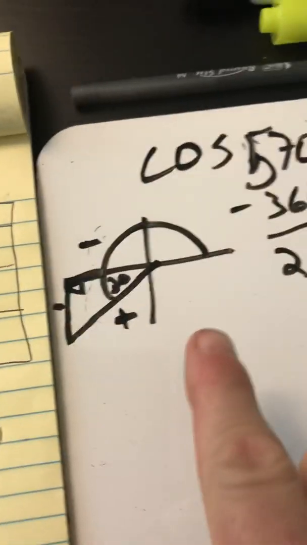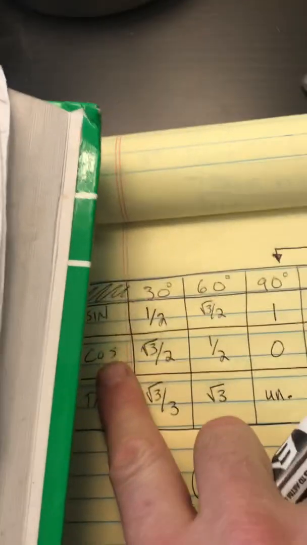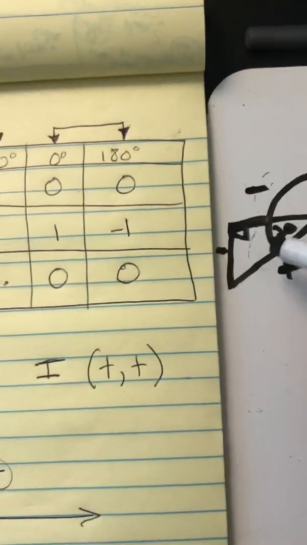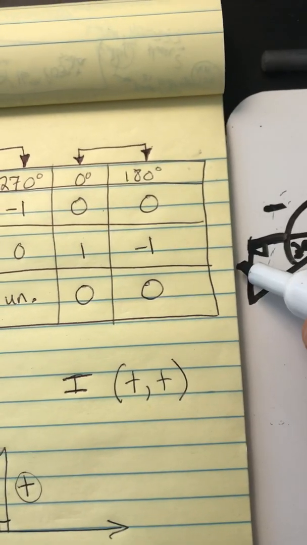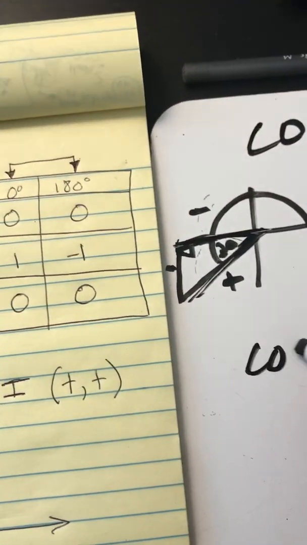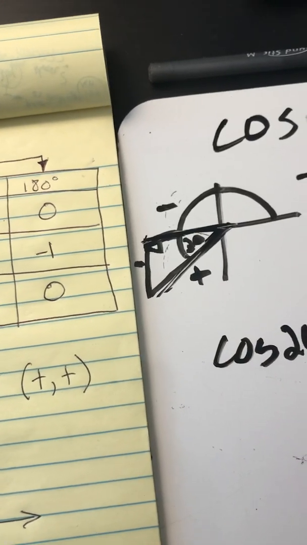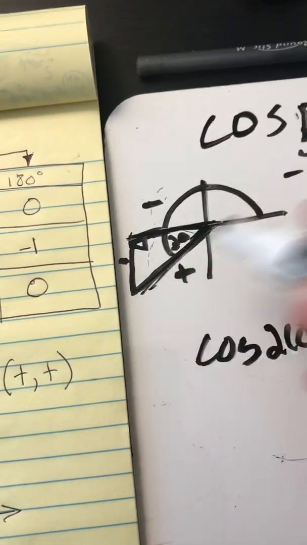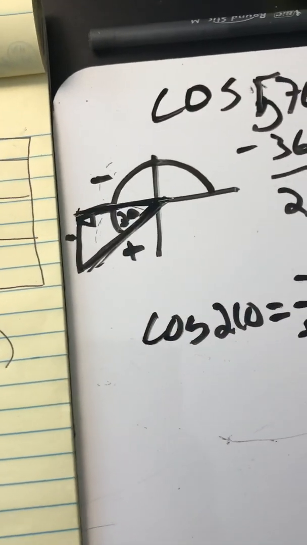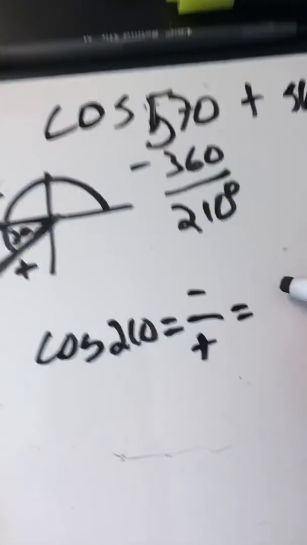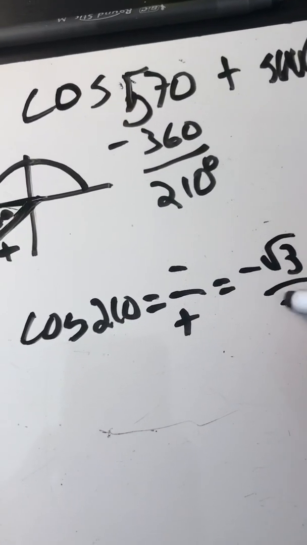So the cosine of 30 is radical 3 over 2. But cosine is adjacent over hypotenuse. So the cosine of 210 must be a negative number divided by a positive number. So we know our answer is going to be negative. Since the cosine of 30 is radical 3 over 2, this must be negative radical 3 over 2.